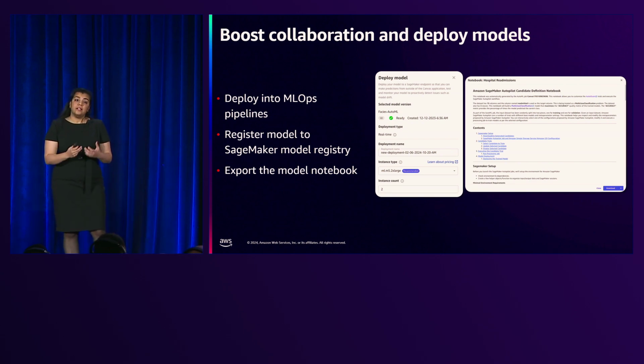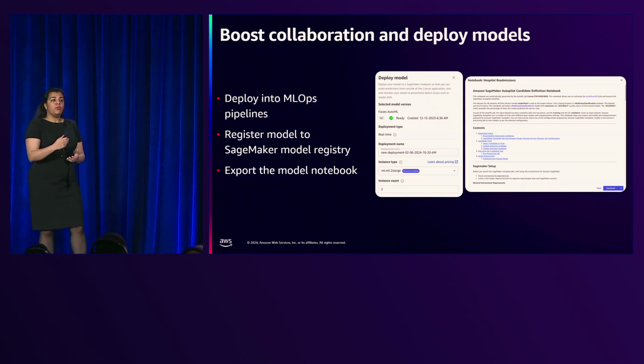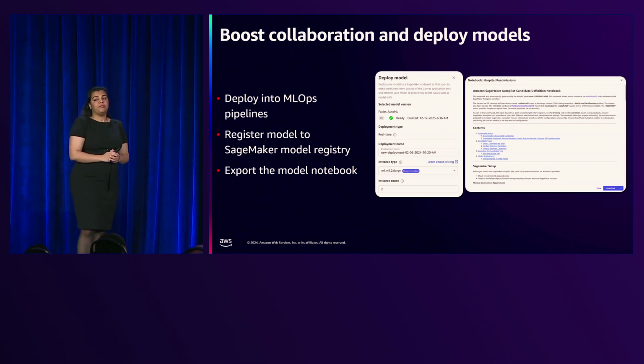They can review these in SageMaker Studio, iterate with you, help you improve performance, or take these models into production without rewriting any of the code. So the interoperability and collaboration between data scientists and non-ML experts is really amplified with SageMaker Canvas.